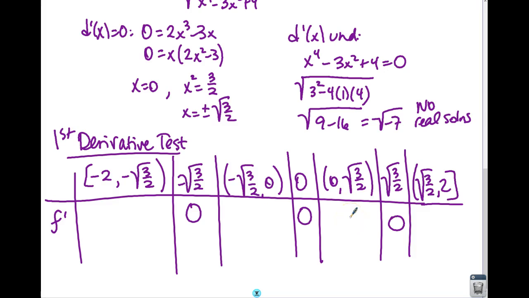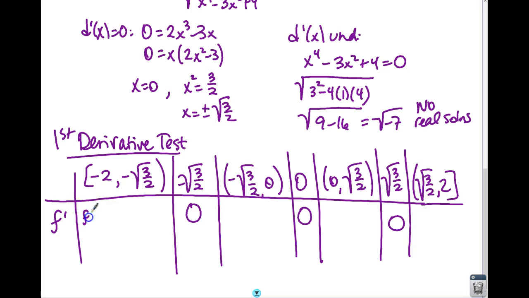Okay. So let's see. The square root of 3/2, I'm going to use my handy calculator real quick and tell you that it is 1.2. So then I'm going to use like -1.5.